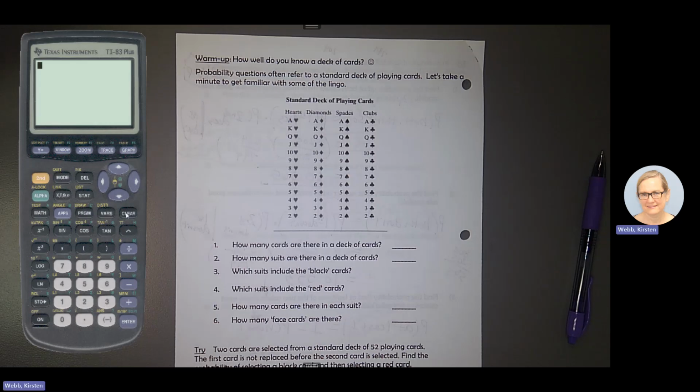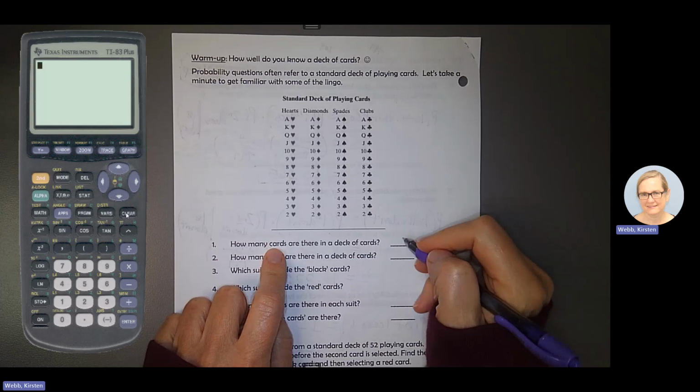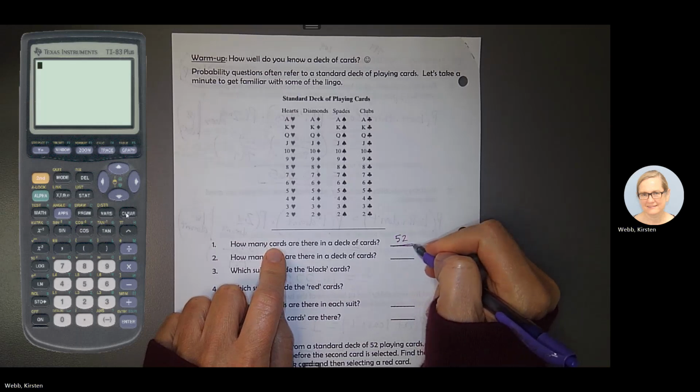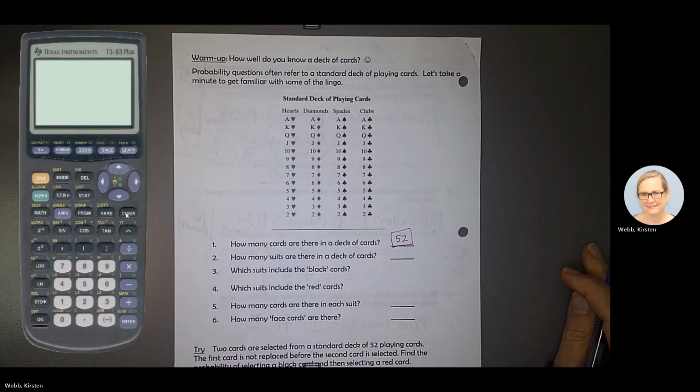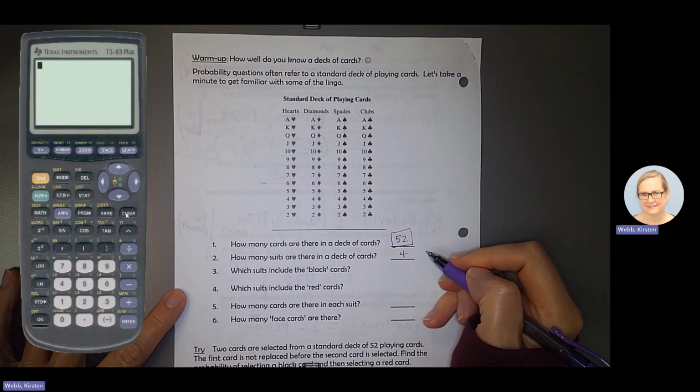Have you all ever played 52 card pickup? Why is it called 52 card pickup? Because there's 52 cards in a deck, right? How many suits are there? 4? Yeah, what do we mean by the suits?